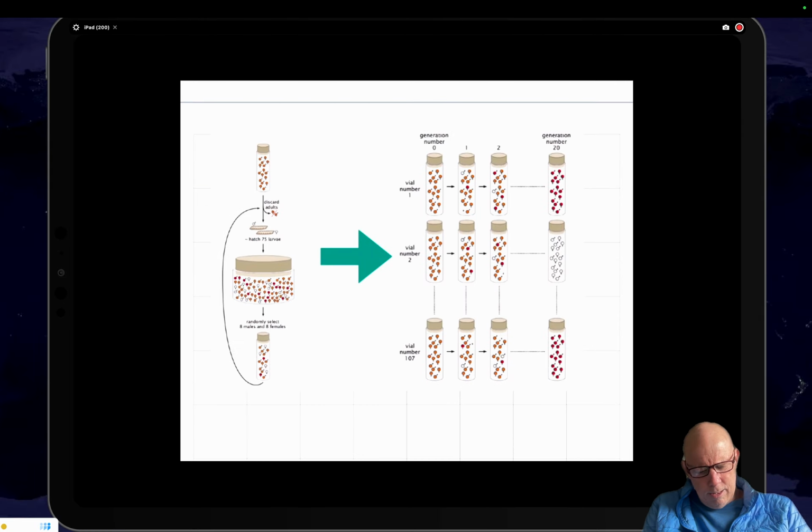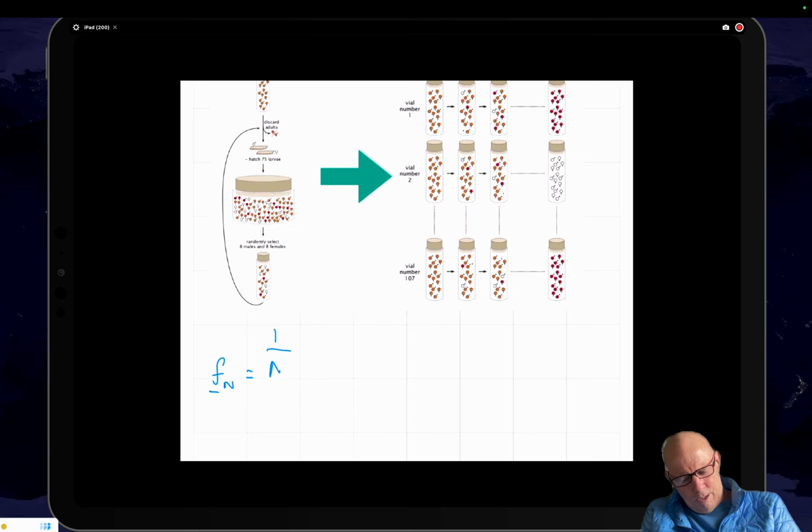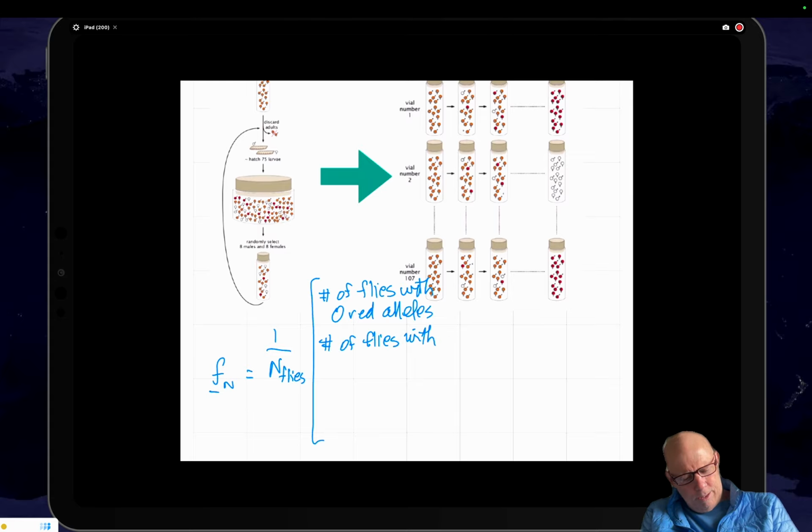The reason that this comes up in the context of this discussion of vectors is that the allele frequencies, so let's call this the frequency at generation n, is going to be 1 over the number of flies times a vector. This first element is the number of flies with 0 red alleles. The next entry is the number of flies with 1 red allele.